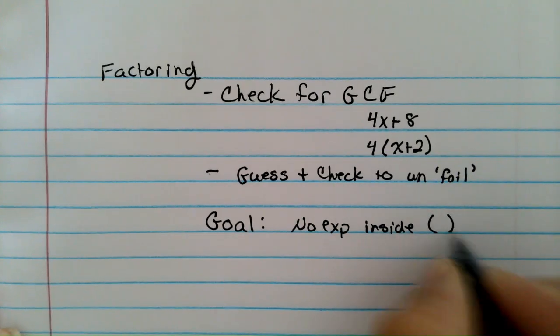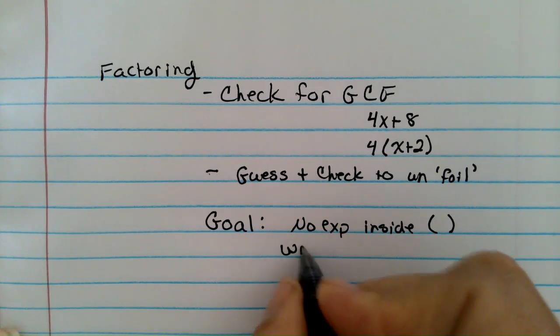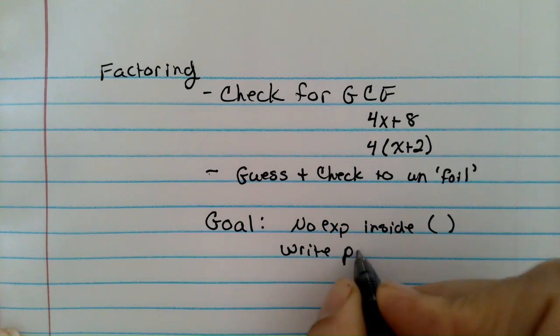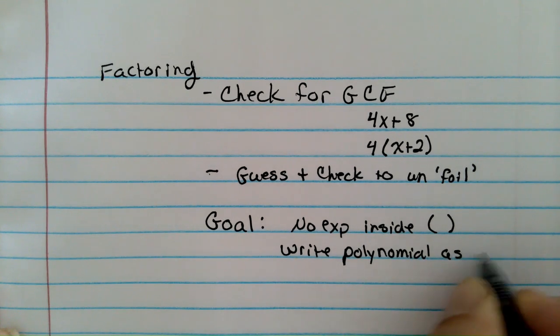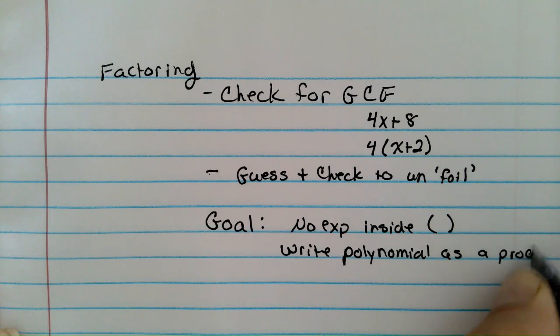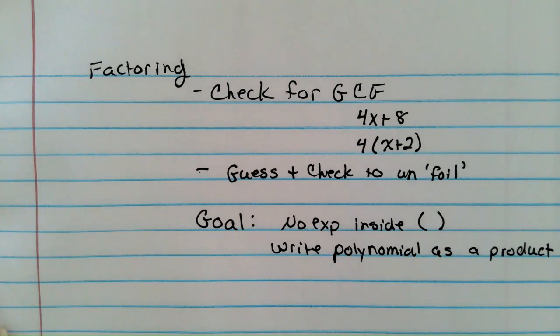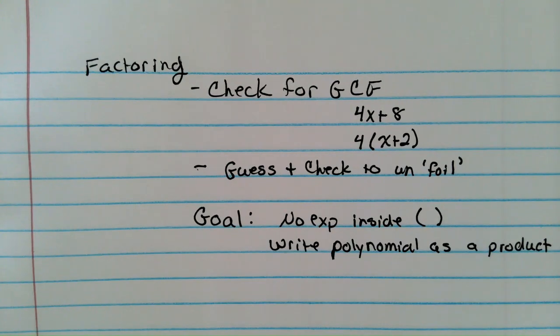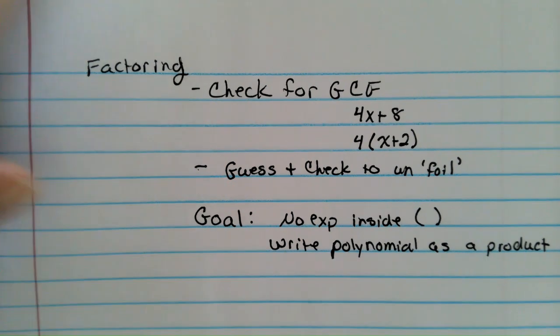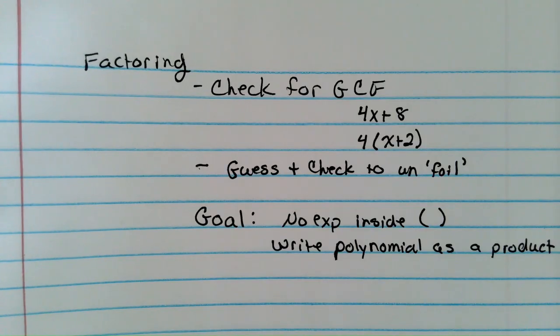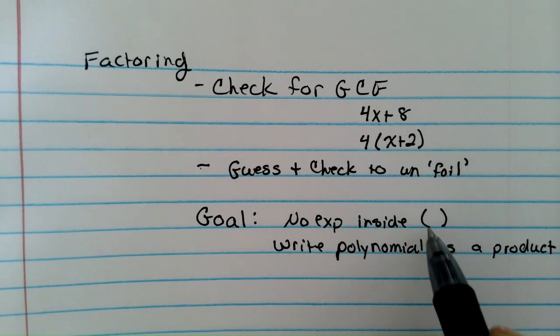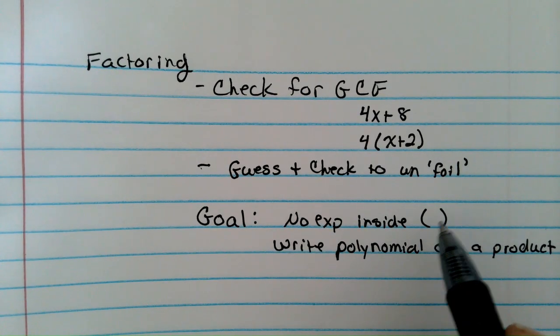inside your parentheses and to write your polynomial as a product. That's really what the word factor means, is to write it as a product. Now, are we going to always be able to get no exponents inside our parentheses? No, we're not.